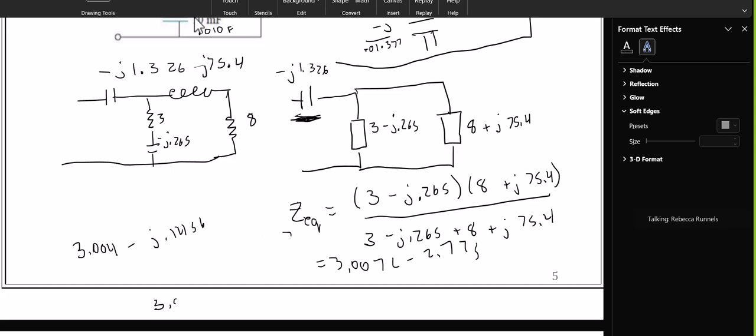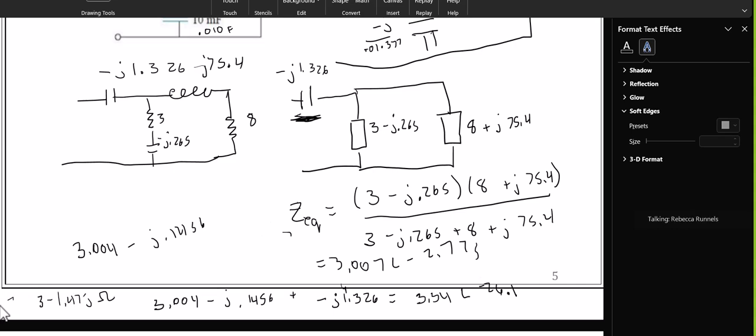So I'll take the 3.004 minus j0.1456 and add in minus j1.326 to get our final answer of, as a phasor, 3.34 angle negative 26.1, and as rectangular, it'd be 3 minus 1.47 J. Ohms.